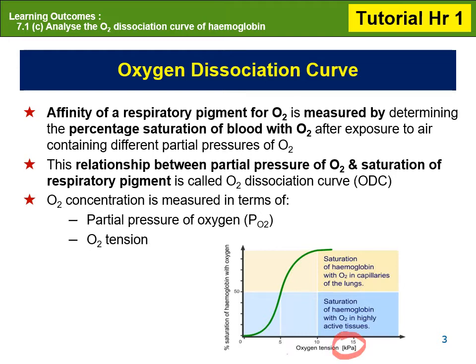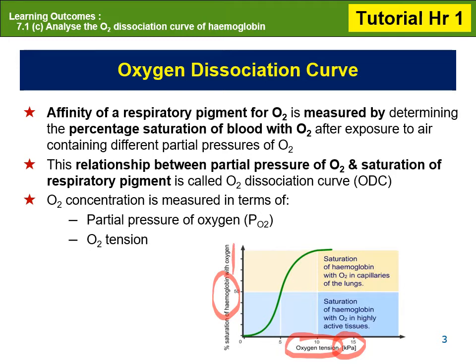So secara ringkasnya lah, oxygen dissociation curve ini adalah menunjukkan hubungan antara tekanan oksigen, the oxygen tension, ataupun the partial pressure of oxygen dan juga saturation of respiratory pigment, saturation of the hemoglobin lah maksudnya respiratory pigment adalah hemoglobin, so saturation of respiratory pigment with the oxygen.